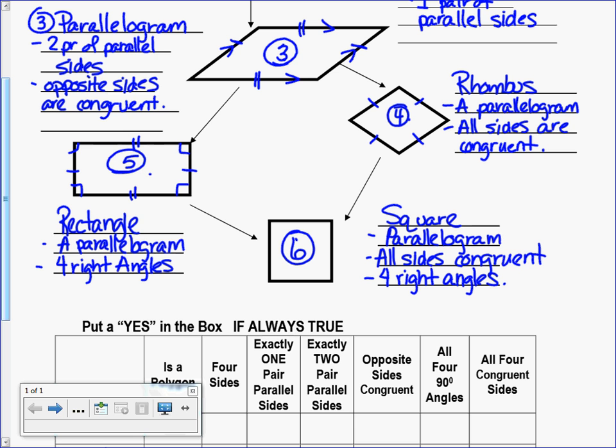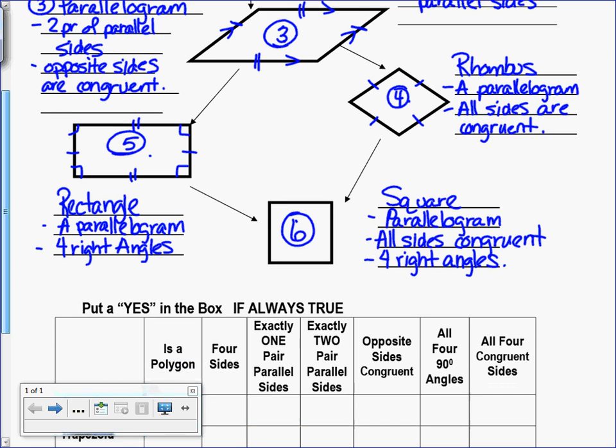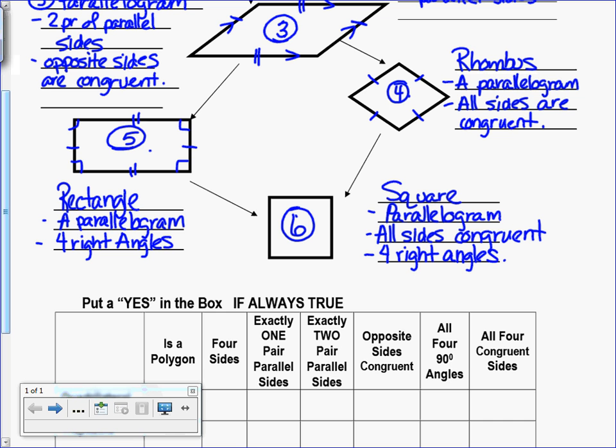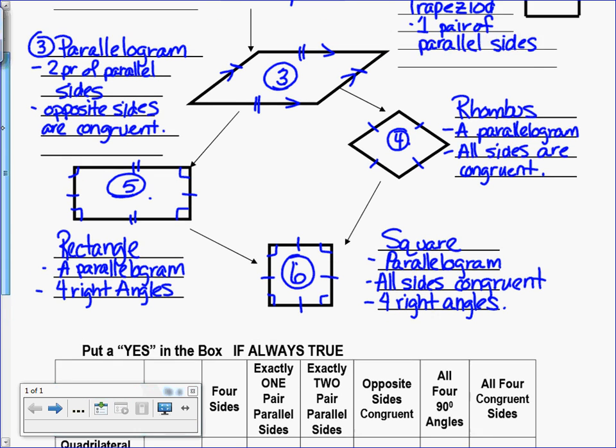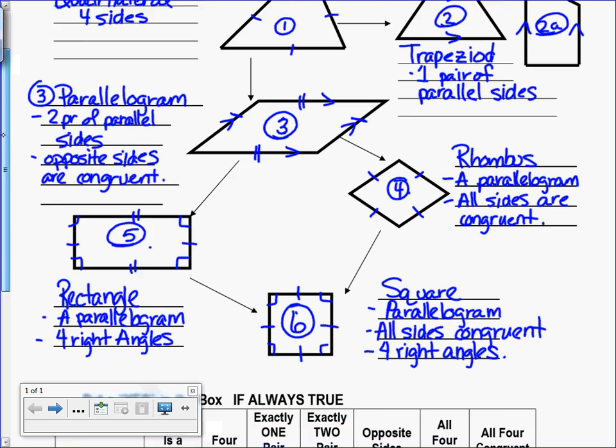We're going to talk a little bit more next class about the diagonals and talk about those characteristics, but let's make sure that we understand these. So let me mark this square. We know it's a parallelogram. All sides are congruent. That means every side is the exact same length. All right, 4 right angles. There's angle 1, angle 2, angle 3, and angle 4. Okay, so these are all the characteristics that you need to understand about all of these quadrilaterals.